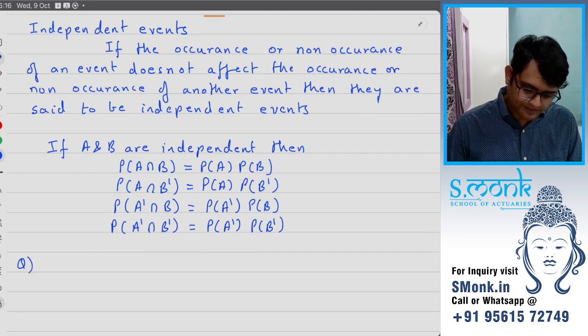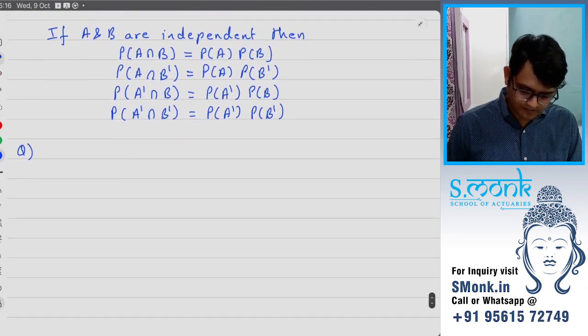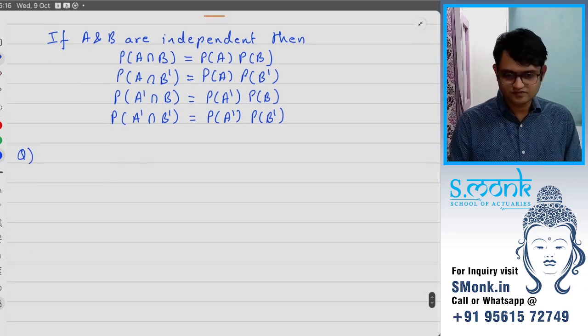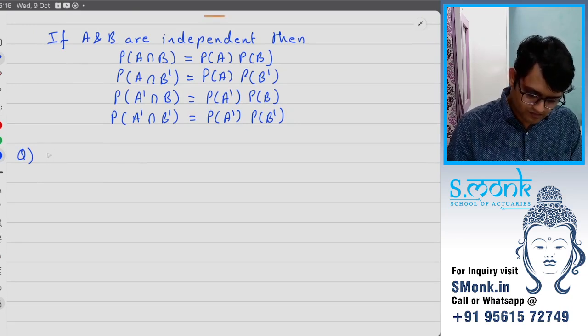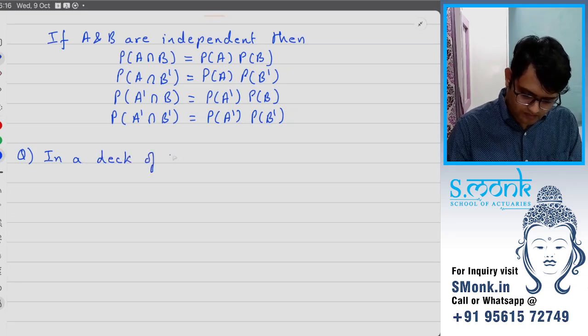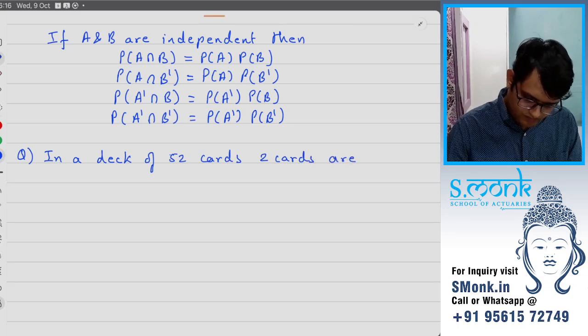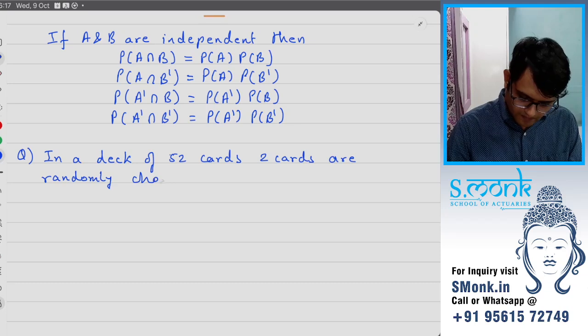I'll take an example. Let's say 3 cards.